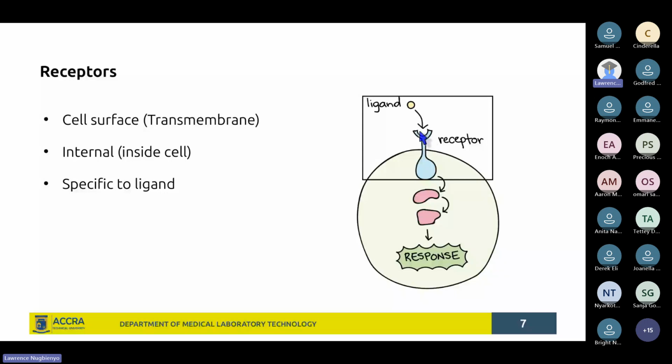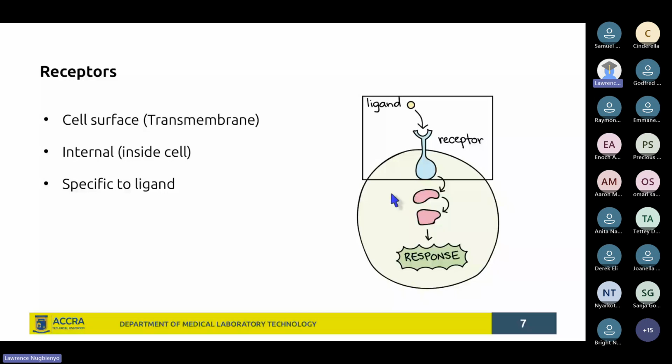And like I said, you also have receptors which are internal. So you have internal receptors inside a cell. Those are going to be in the cytoplasm, and those will be for ligands that can penetrate through the cell membrane into the cytoplasm to interact with these receptors inside a cell. And then another thing you need to know about receptors is that receptors are specific to specific ligands.